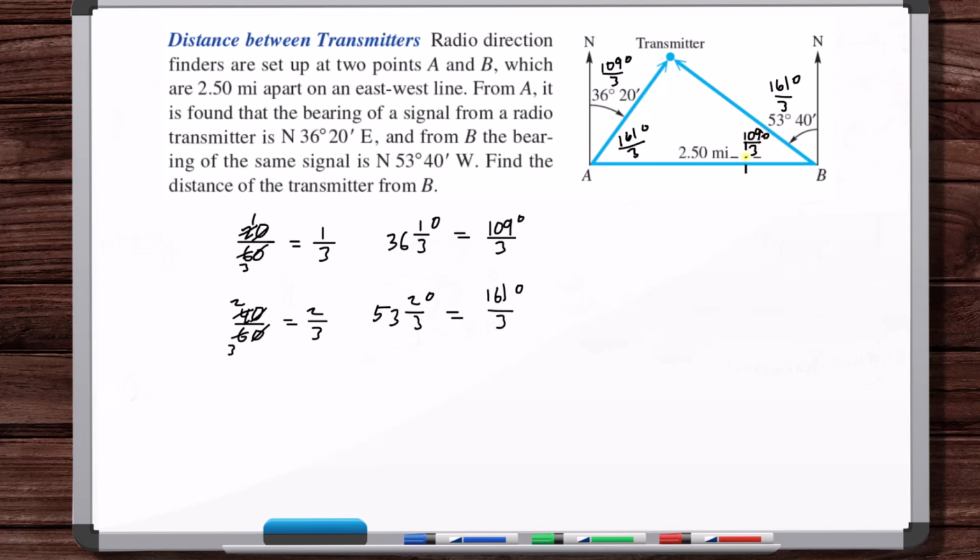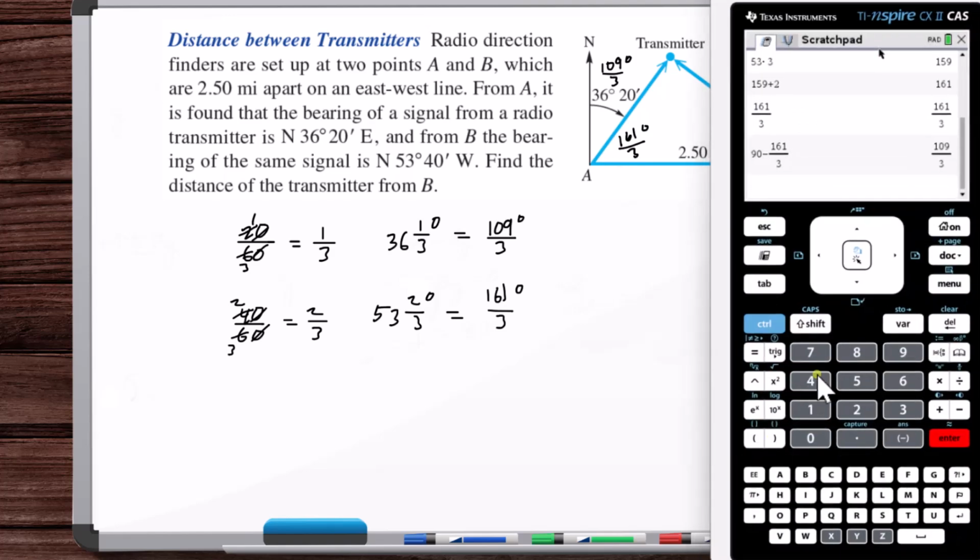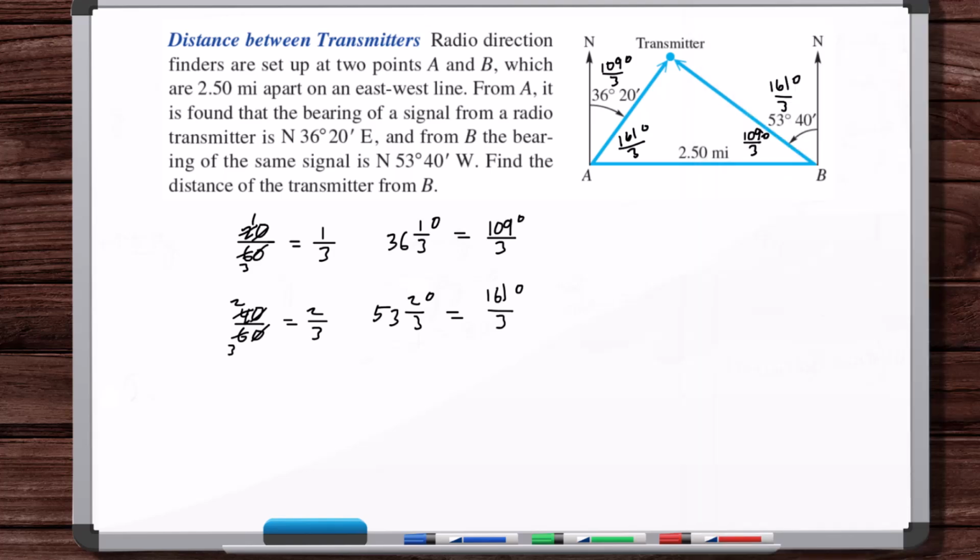So 109 divided by 3 plus 161 divided by 3 should be 90, which means 161 plus 109 would be 270. Yeah, so this is a right triangle, and across from the right angle is the hypotenuse. So 2.5 is the hypotenuse.